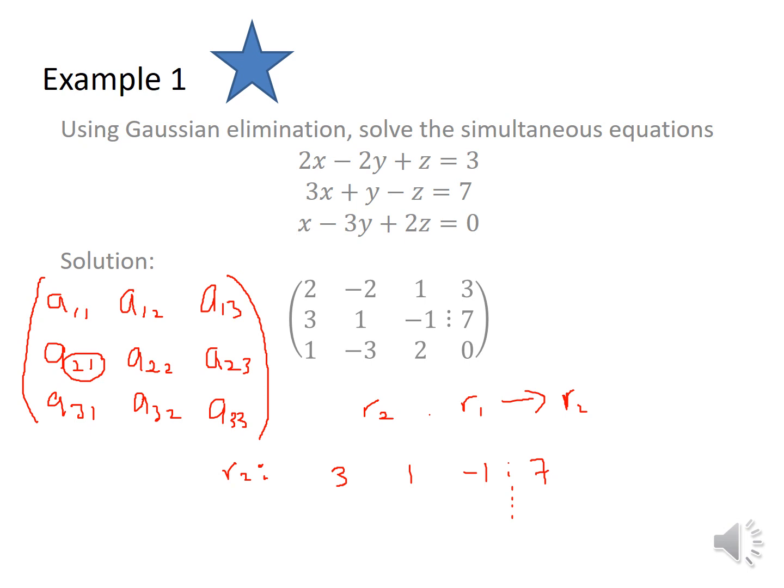How to produce 0? My R1 is 2. So I need to multiply 3 over 2 into the first row and then minus.